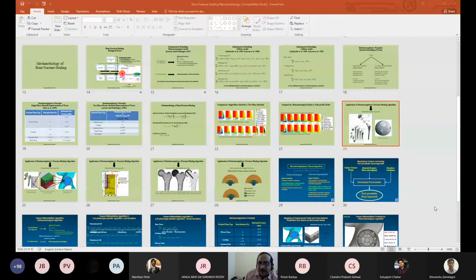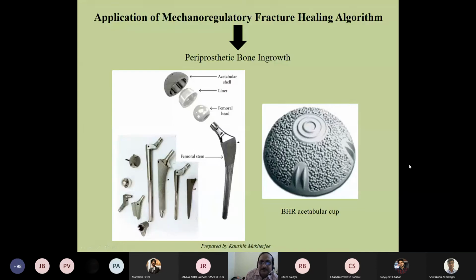So let's get back to where we were. This is where the work started. We have a host of uncemented, rather porous coated, cementless implants that were evolving in the market, and there was a huge interest in using these implants, which can rely on biological fixation.